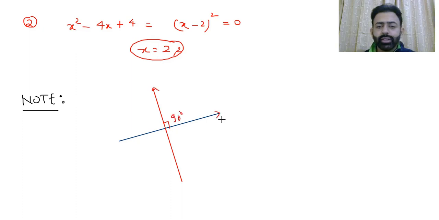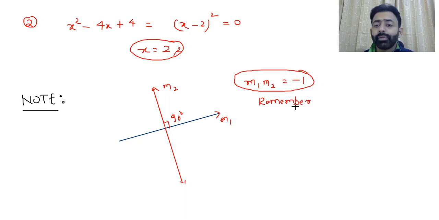Slope of line 1 is m1 and slope of line 2 is m2. So we have a relation, slope in the sense a gradient. If two lines are perpendicular, m1 m2 is minus 1. This you need to remember.